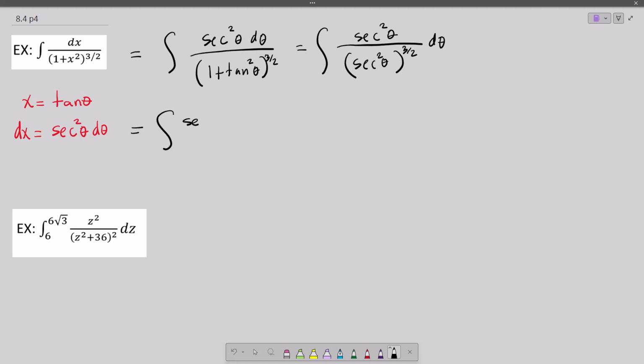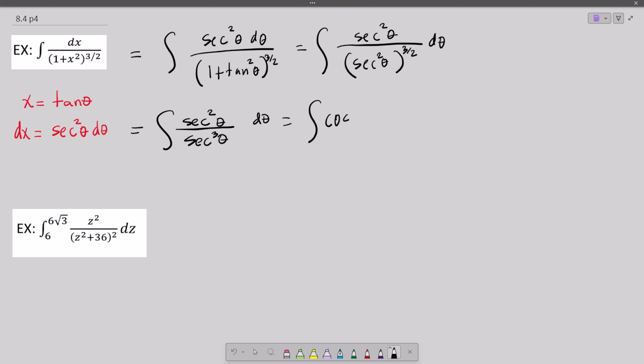So what does that denominator become? Secant cubed. Secant cubed, right? Power to power, you multiply. So 2 times 3/2 is 3. And this all boils down to the integral of cosine theta.